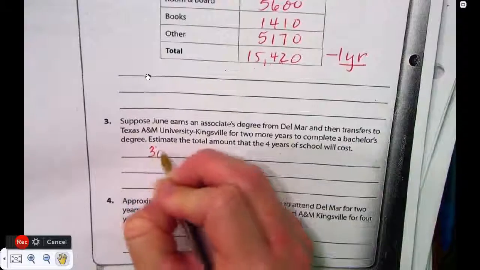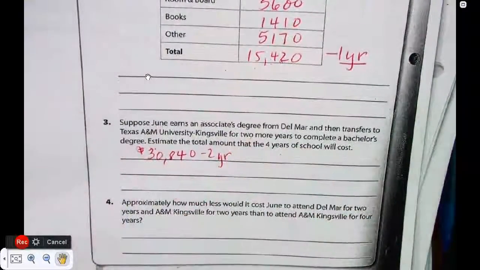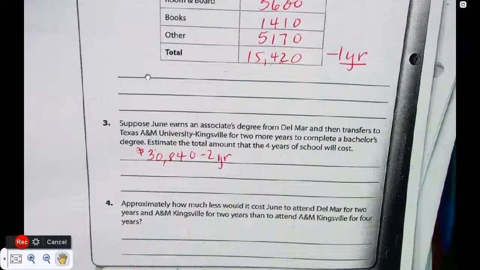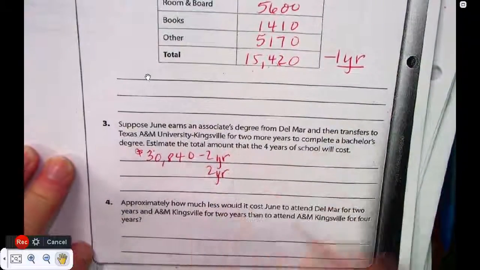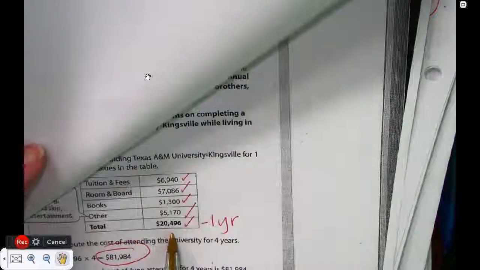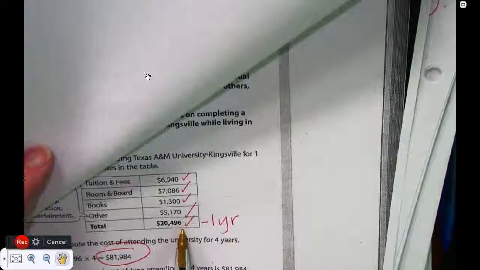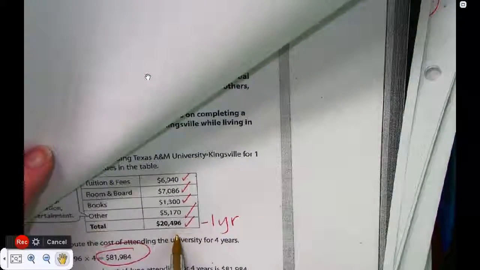So it's going to be what? $30,800, that's going to be 2 years at Del Mar. And then what's 2 years going to cost her at A&M? Yeah, $20,496 times 2, because that's 1 year. So double that.